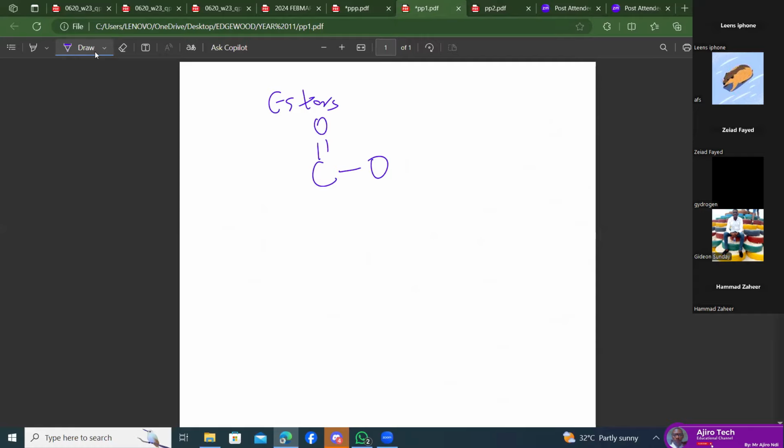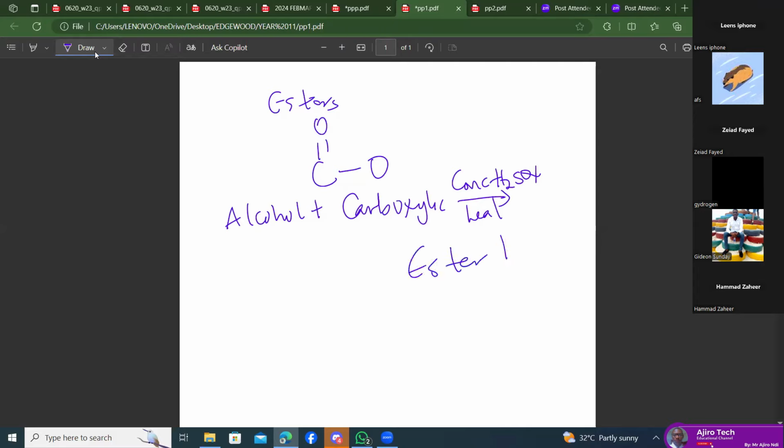So we're saying that to form an ester, all you need is an alcohol plus a carboxylic acid, using conc H2SO4 and heat. So we're going to have ester plus water.